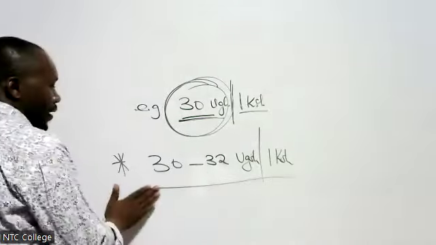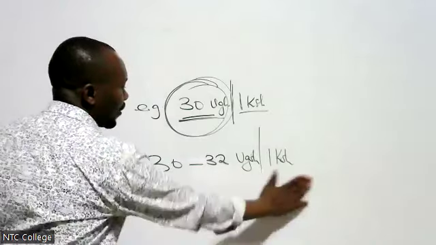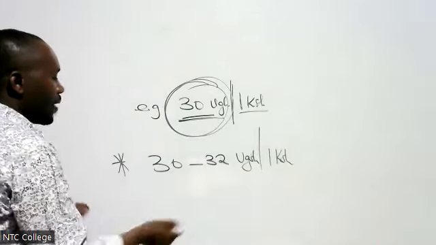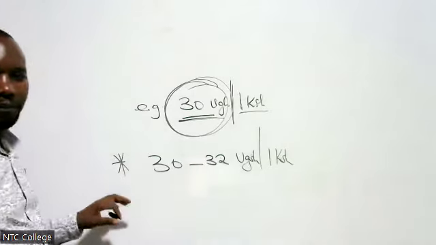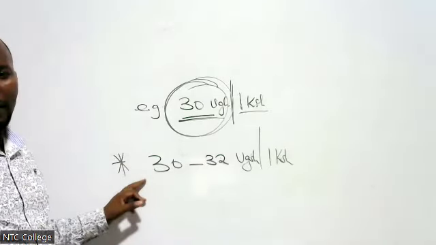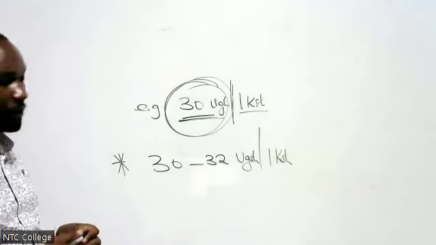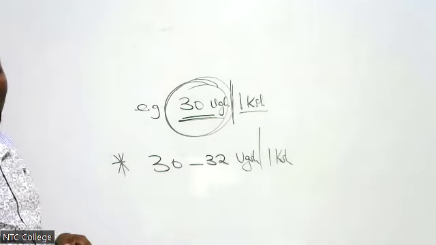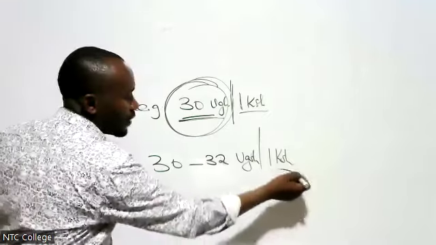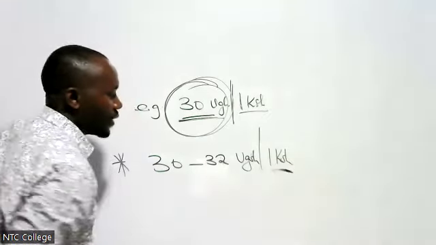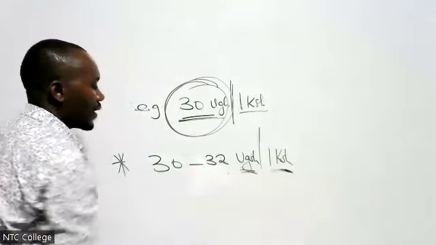So in that case, can somebody tell me whether that is the buying or selling? In this case, 30, is it the buying or selling? Under indirect quotation, where we have our local currency being the one that has 1 unit, the foreign currency is here.